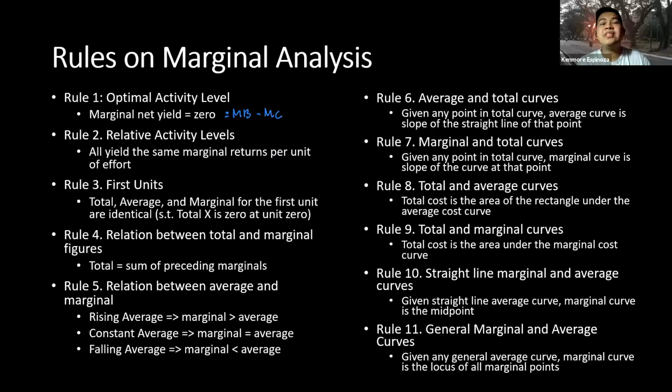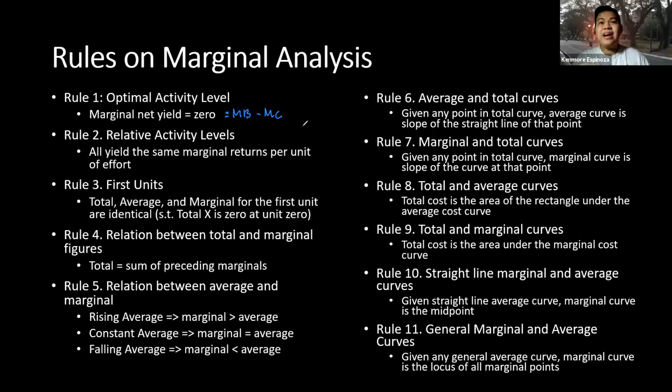Let's say, for example, your consumption of one apple would give you 8 units of satisfaction. But over time, your consumption of an additional apple, the marginal net yield you get is decreasing.